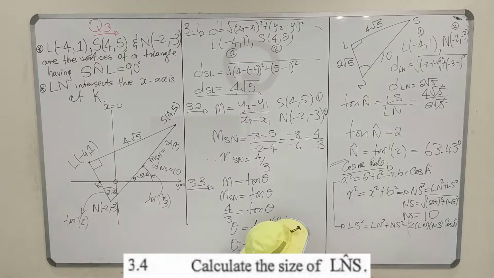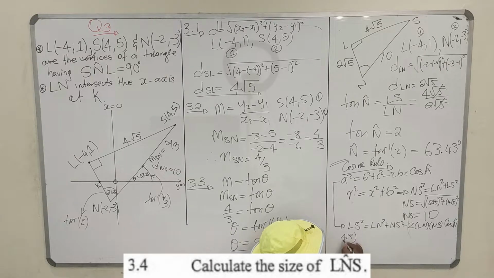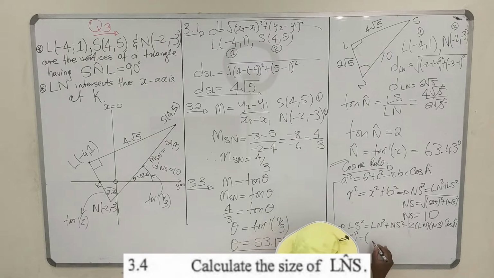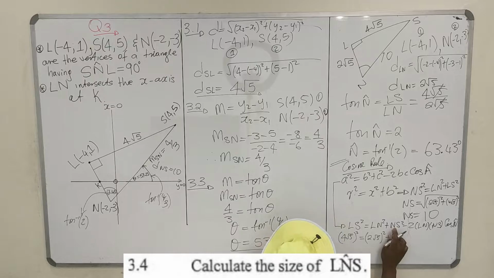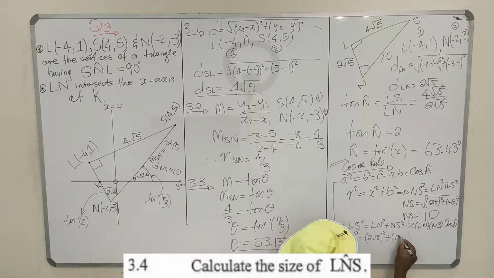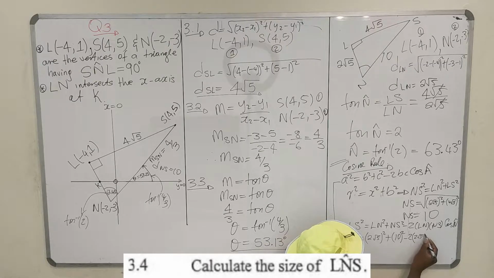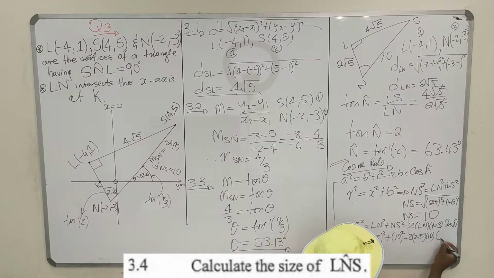What is LS? LS is 4 root 5, all squared, is equal to LN, which is 2 root 5, all squared, plus NS, which is 10, all squared, minus 2 into 2 root 5 into 10 cos n.